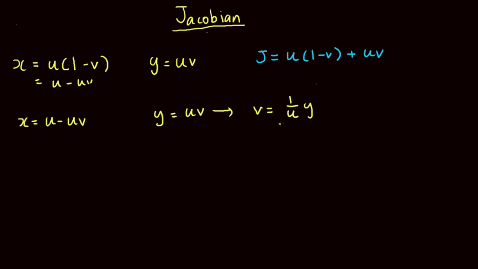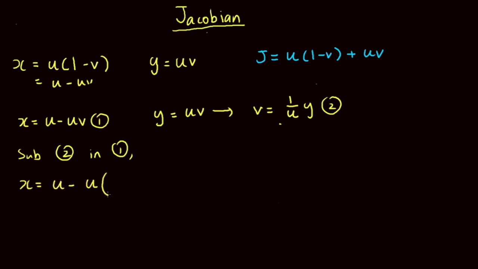If I substitute equation 2 into equation 1, what would I have gotten? x equals u minus u times 1 over u y. Of course we can cancel out these u, which straight away becomes 1. So we have x equals u minus y, therefore u equals x plus y. This is your equation number 3.